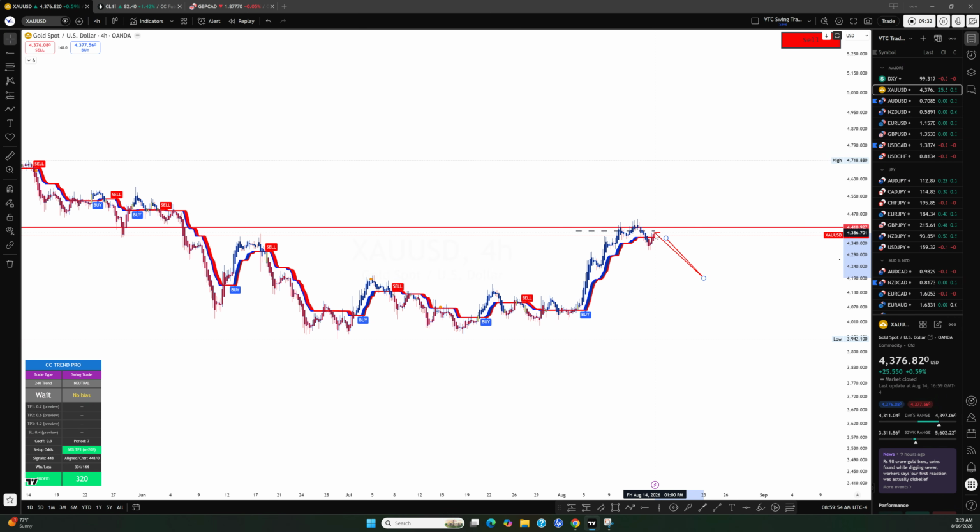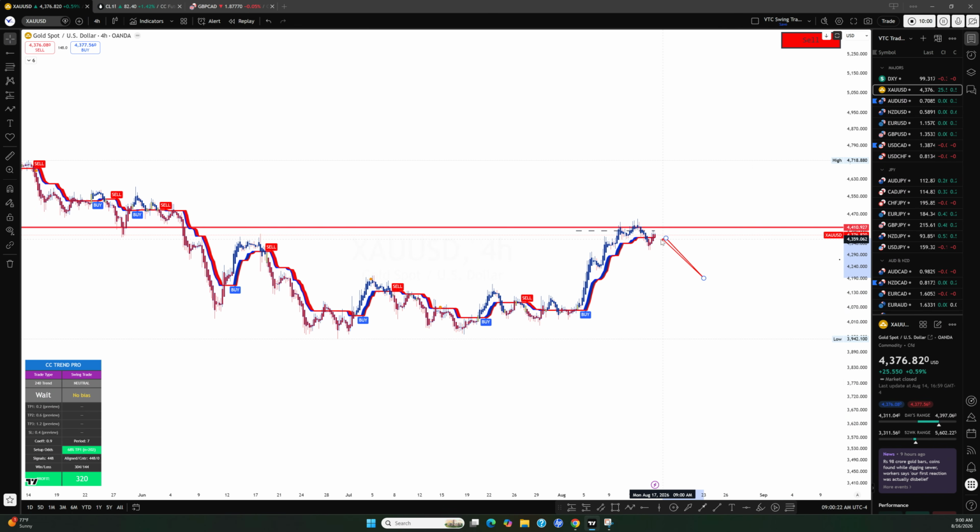The 4-hour is your directional bias, which is the sell. On the 15-minute, you're looking for breakouts in the direction of the 4-hour time frame. It's just that simple. Don't make it any more complicated than it has to be. And then watch what price does. If we happen to continue to break below these lows, then we're definitely going lower. That's going to give you an opportunity to get into gold and to go lower.